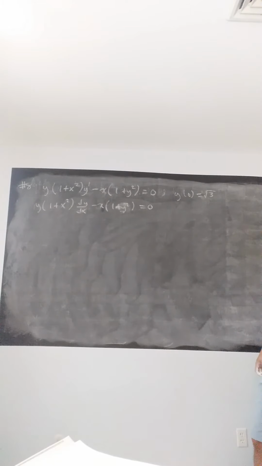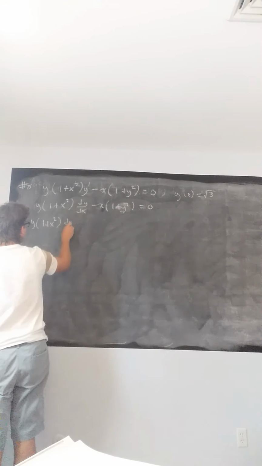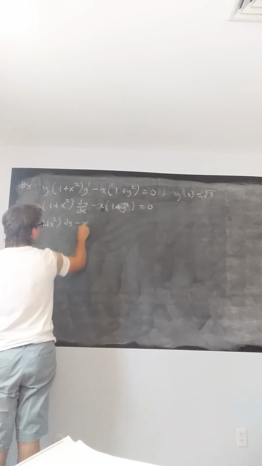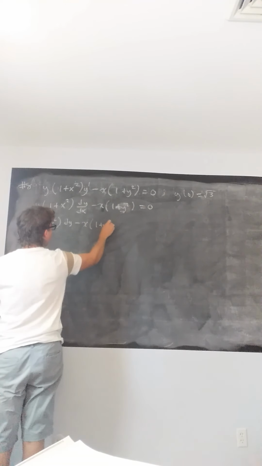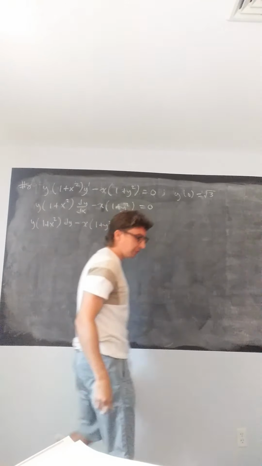Well, we gotta start shuffling things around, right? Of course, we usually try to get the dx on the other side. So this is gonna be y times 1 plus x squared dy minus x times 1 plus y squared equals a dx. Technically it's a 0 dx, right?